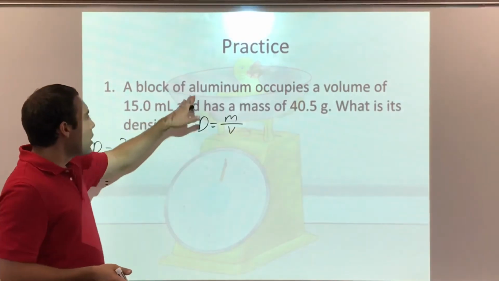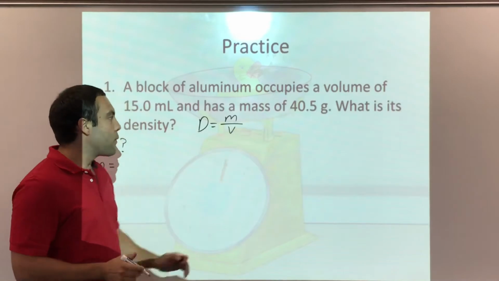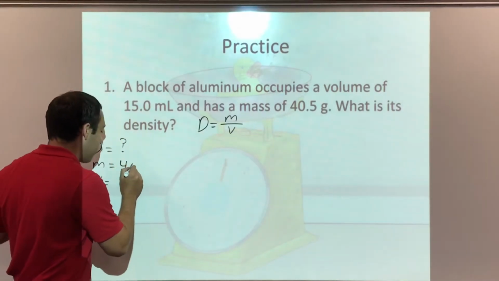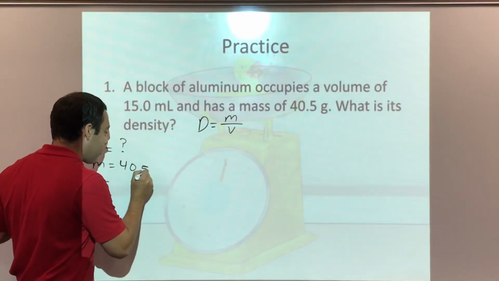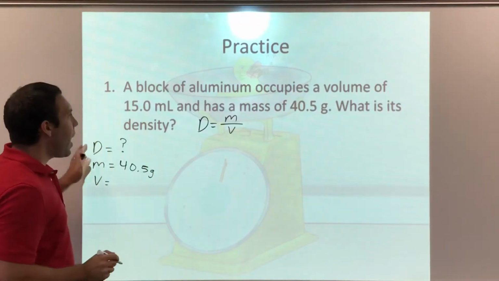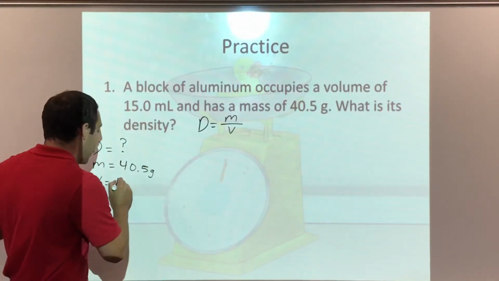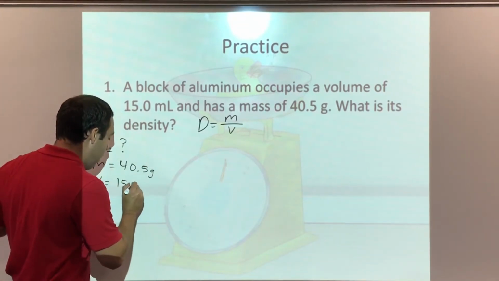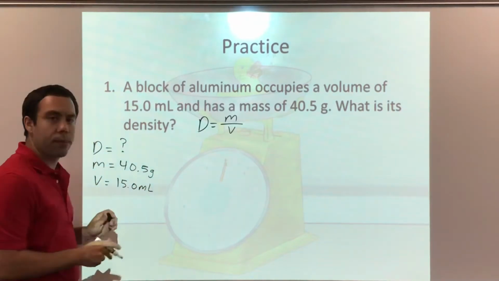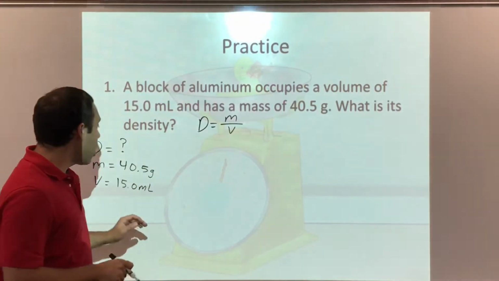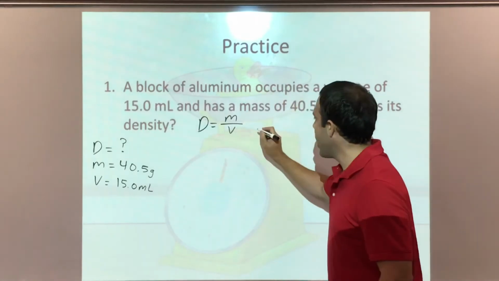Mass, the aluminum has a mass of 40.5 grams. And the volume, there's a volume of 15.0 milliliters. From there, we plug our knowns and unknowns into the equation.